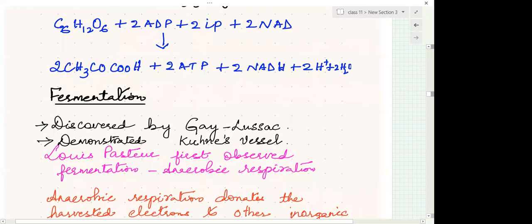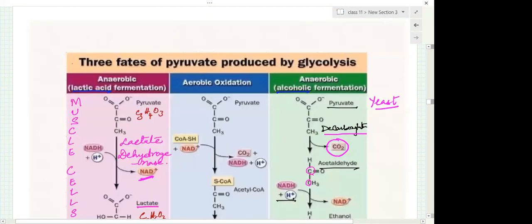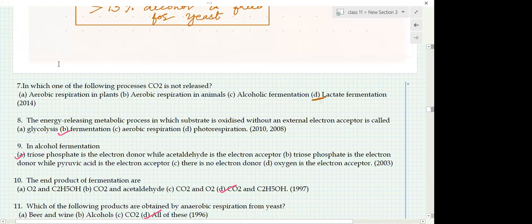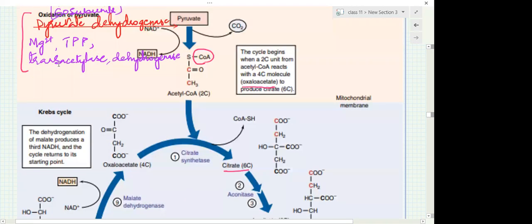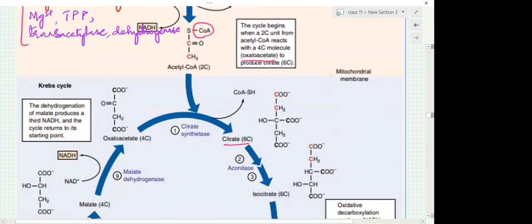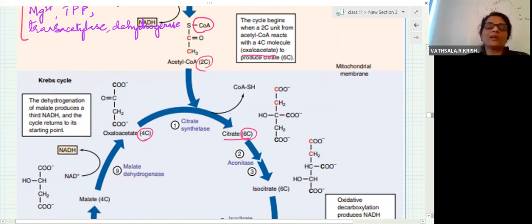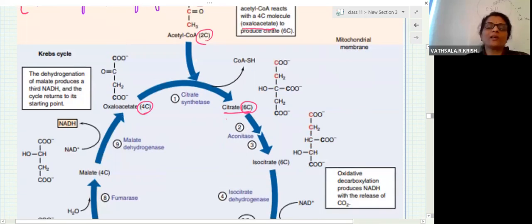So now we are learning the continuation of the aerobic phase, where pyruvate is converted to acetyl CoA, a 2 carbon compound, and it enters the matrix. It passes through the porous outer membrane and enters the matrix. In the matrix, this acetyl CoA combines with oxaloacetic acid to form a 6 carbon compound. The first stable compound is citric acid or citrate. Hence this cycle is also called the citric acid cycle.